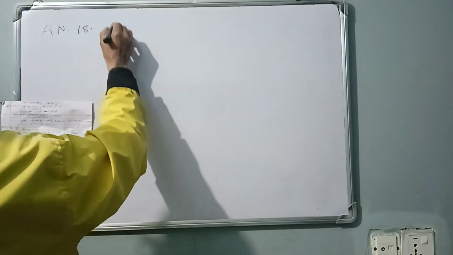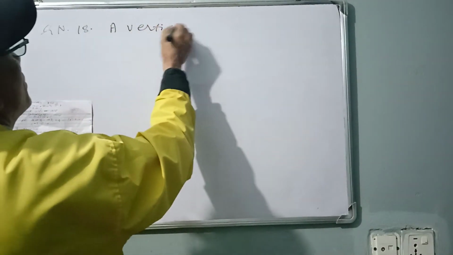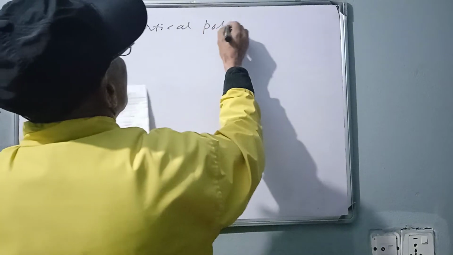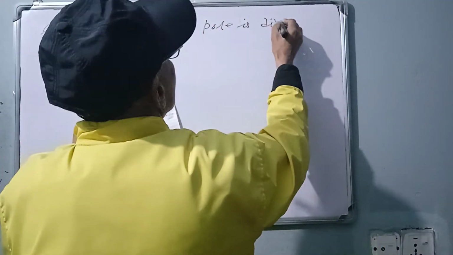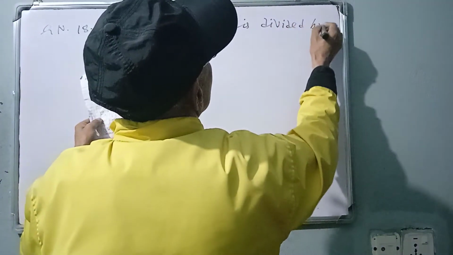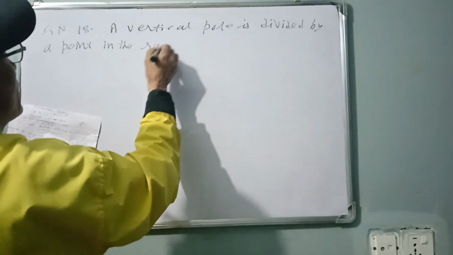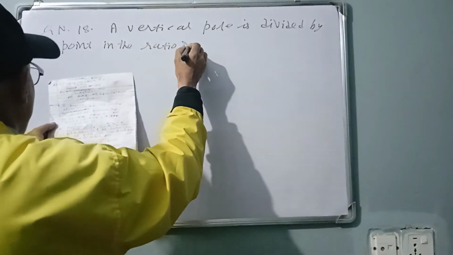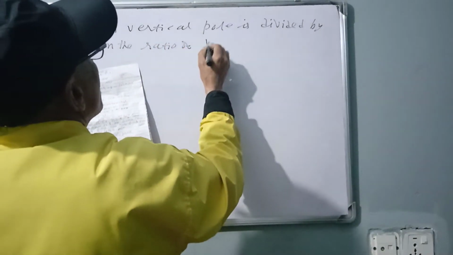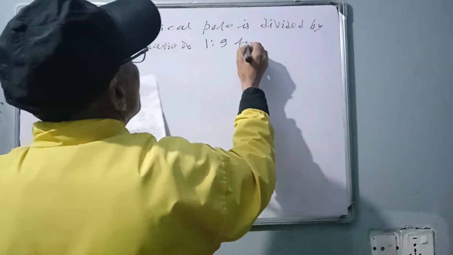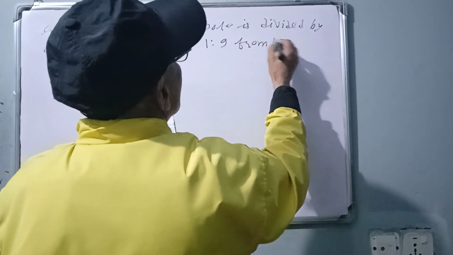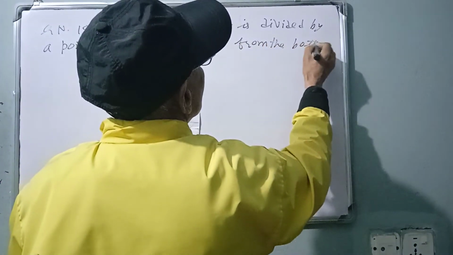A vertical pole is divided by a point in the ratio of 1:9 from the bottom.